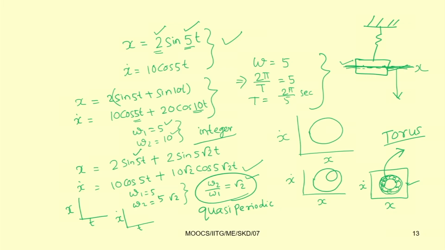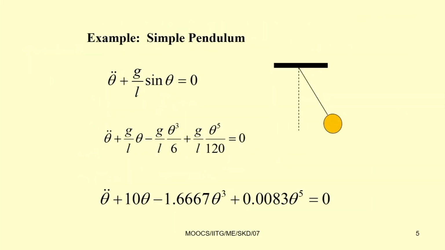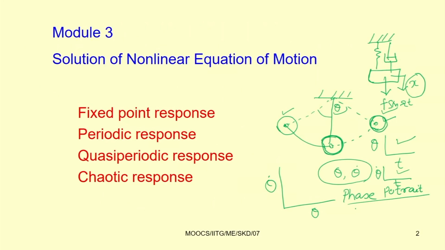Those equilibrium points can be a fixed point, periodic, quasi periodic or chaotic response. Different types of response we will study later. In the next 6 classes we are going to discuss the fixed point response, periodic response, quasi periodic response and chaotic response.